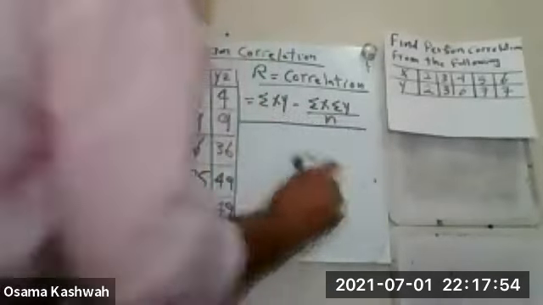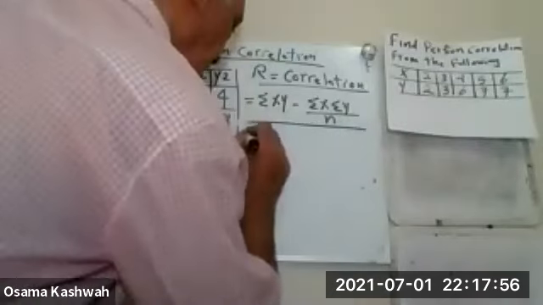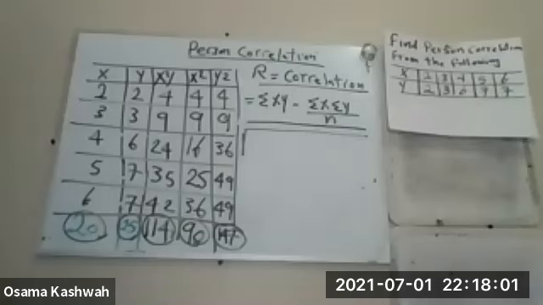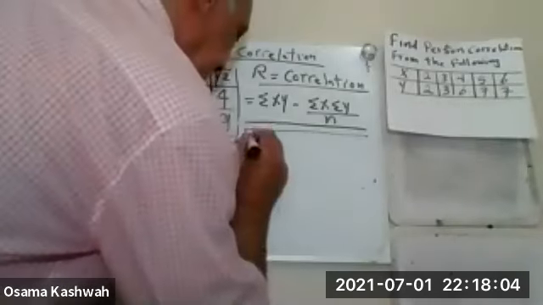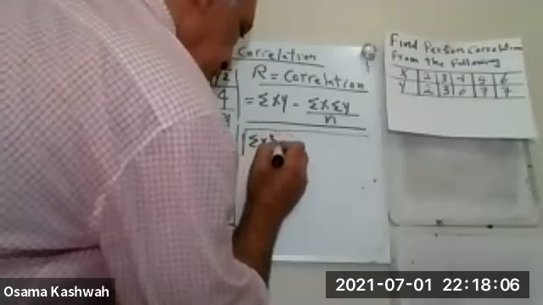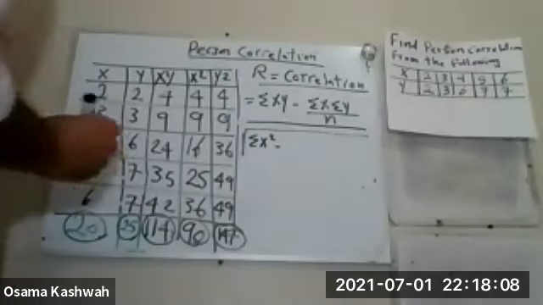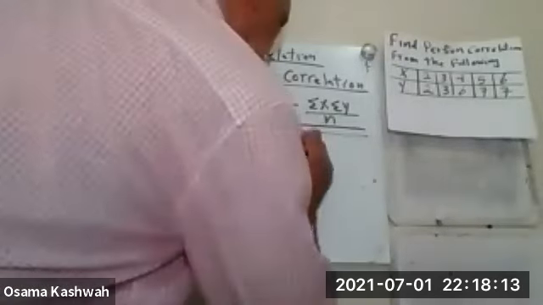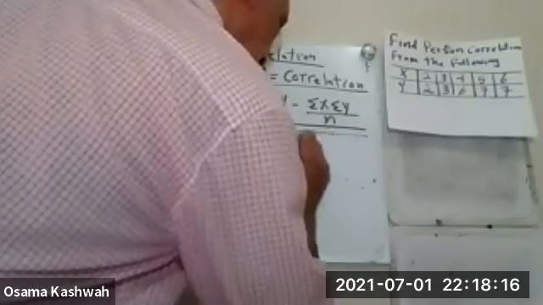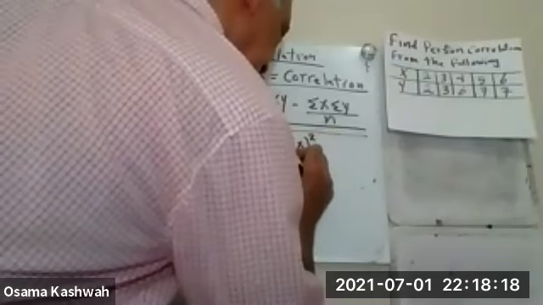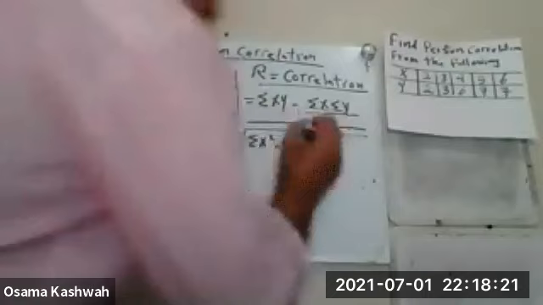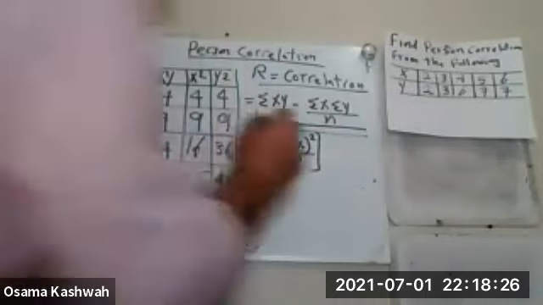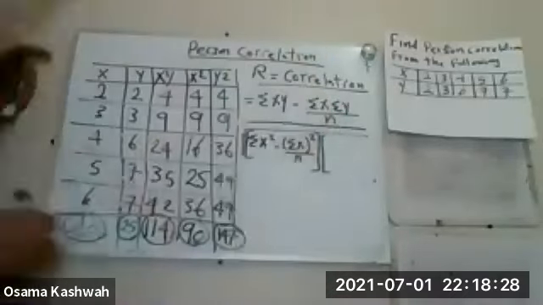Then divided by, here we go, the square root of what? Summation x squared minus summation x all squared, divided by n, all this in one bracket. Then the second bracket is the same thing for y.